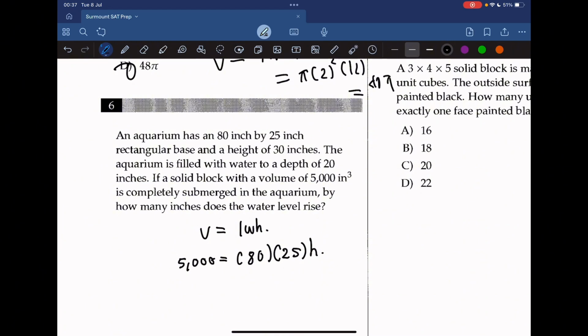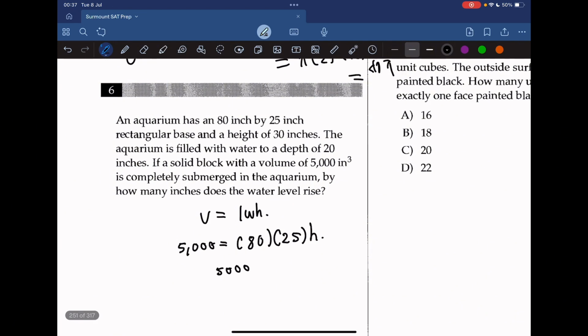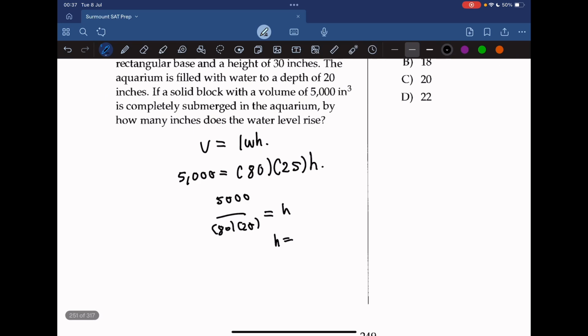All we have to do now is solve for h. So we have 5,000 divided by 80 times 25, and that's h. If you put this in a calculator, we should be getting 2.5. So the answer is 2.5.